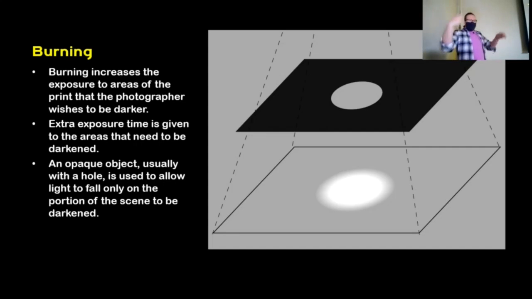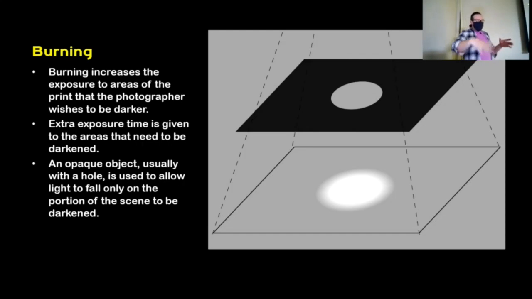So let's say you discovered in the darkroom that you got exactly the right kind of contrast, exactly the kind of image that you wanted by having a 3.5 filter in there, and you expose your paper for like 30 seconds. But there's this one little area that's too bright. You want to darken it. You want to get some more detail into that area.